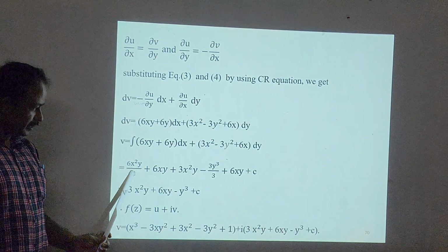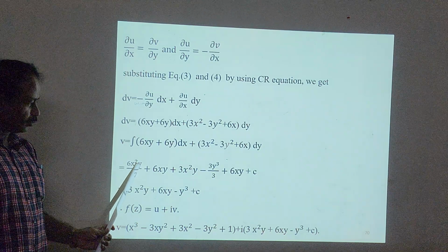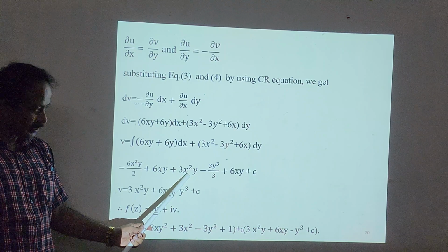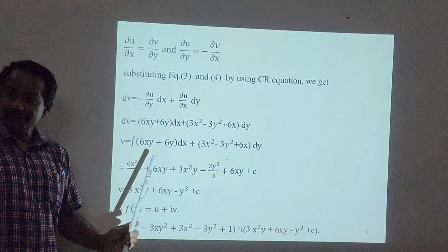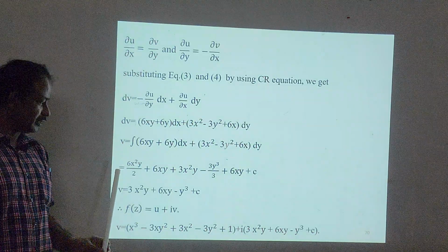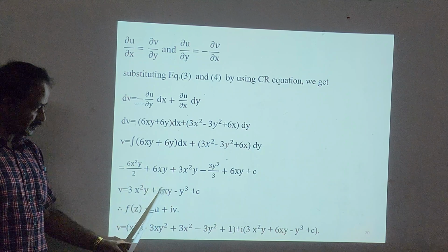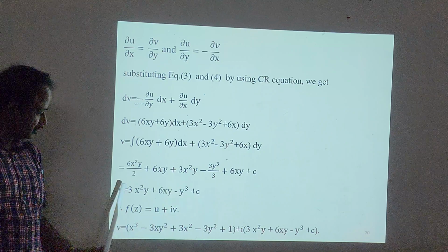See here it is 3x squared y, and here you have 3x squared y. Is it okay? Here 6xy, here also 6xy. The repeated terms should not be taken into account. So this becomes 3x squared y, 6xy. Here 3 will cancel, so minus y cube plus c. So this is your v.